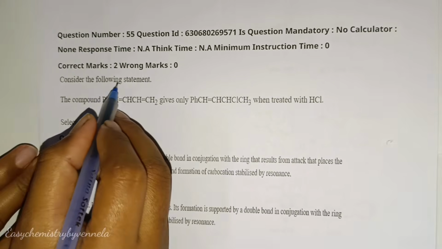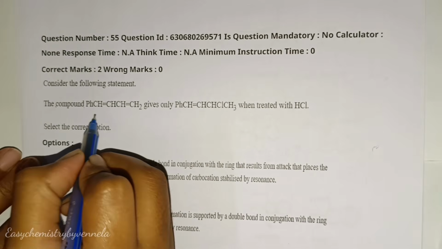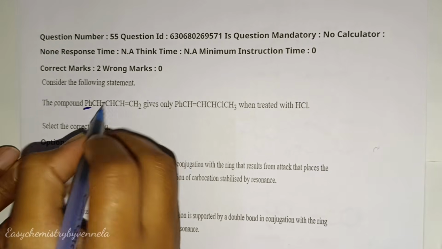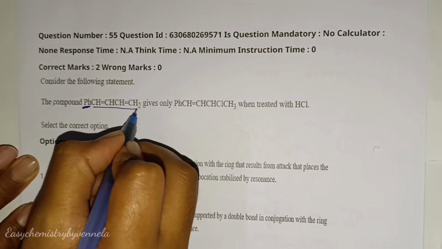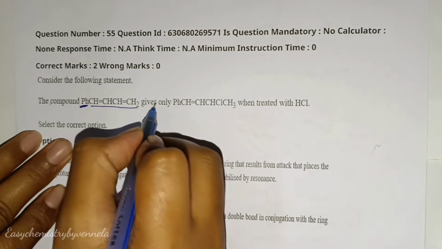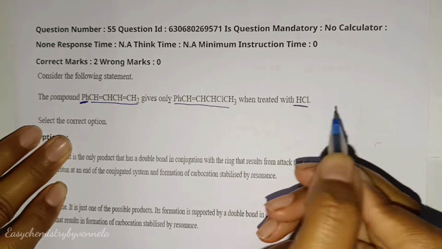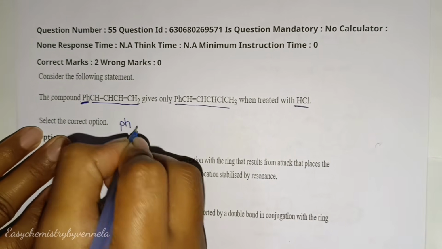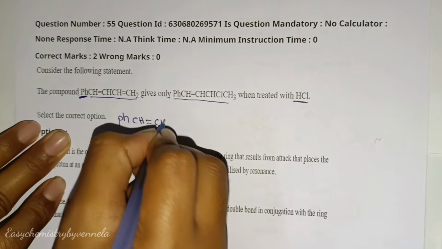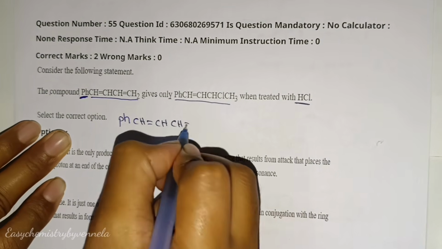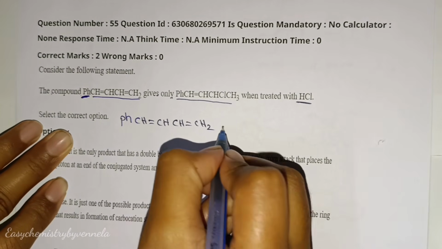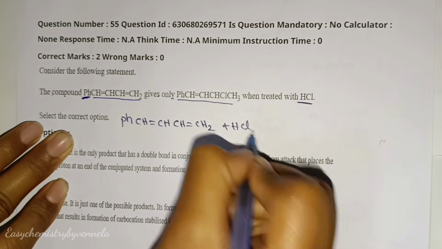Next question. Consider the following statements. The compound they given the phenyl and this is the conjugated compound gives only this one when treated with HCl. See phenyl, this conjugated compound reaction with HCl.